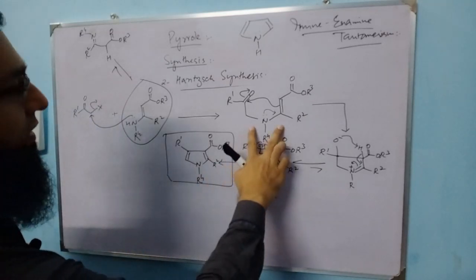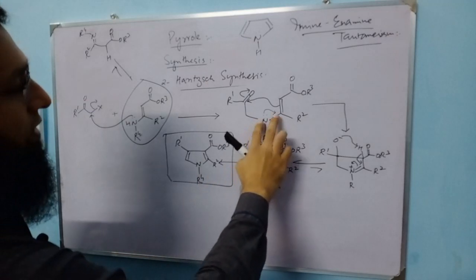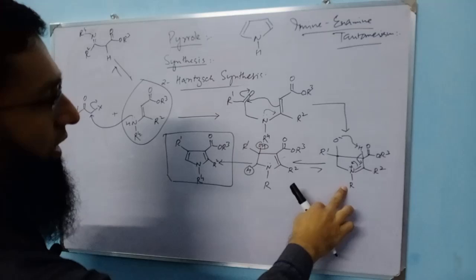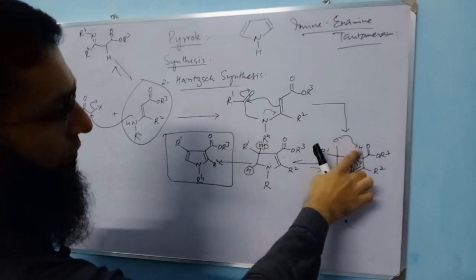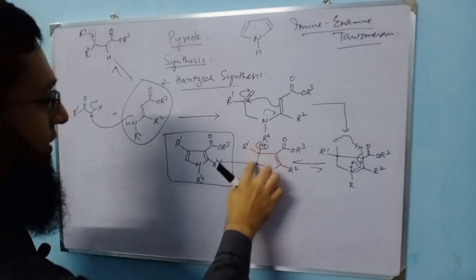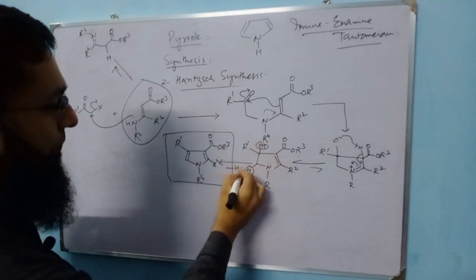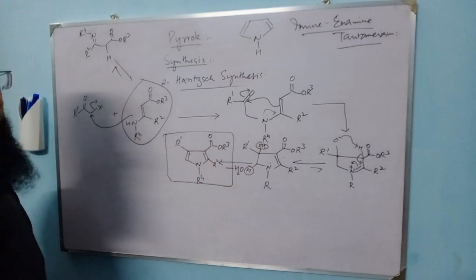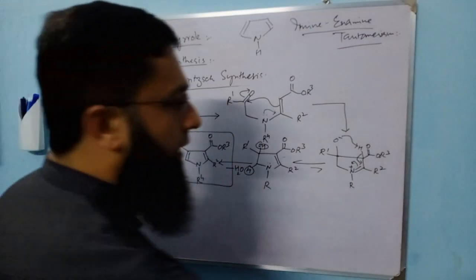As a result, we get this one, and in this case enamine attacks on carbonyl carbon to get this intermediate which gets proton from here, and this is obtained after removal of water molecule. We get 2,3,4 trisubstituted pyrrole derivative. Now we see the other possibility.